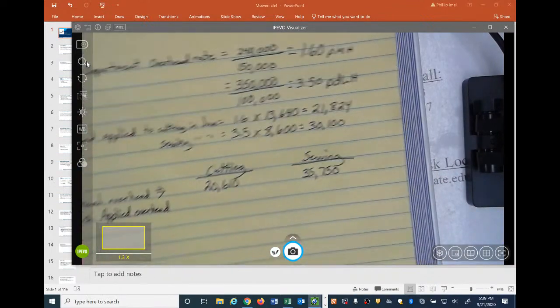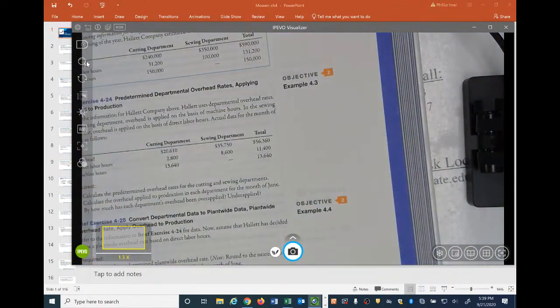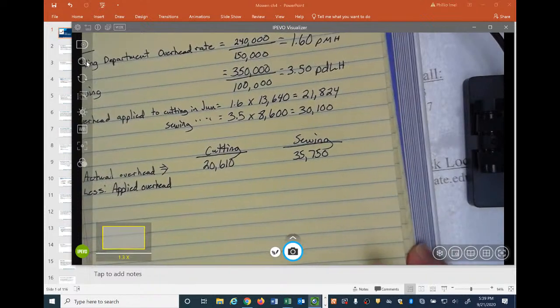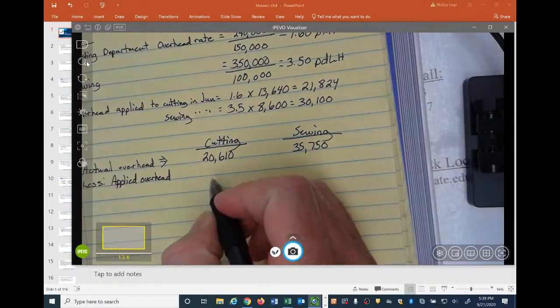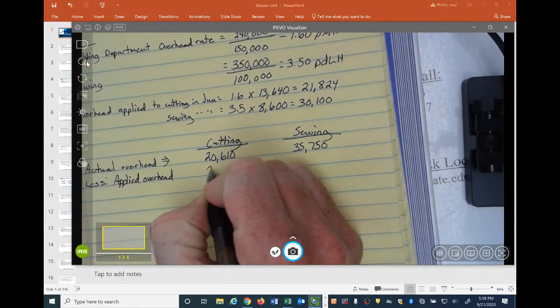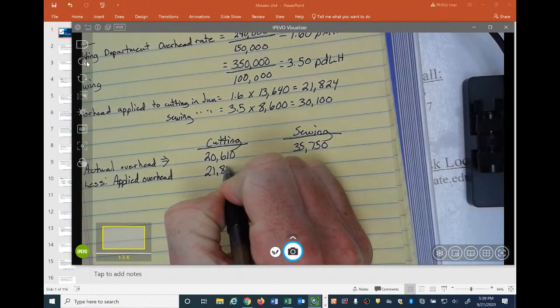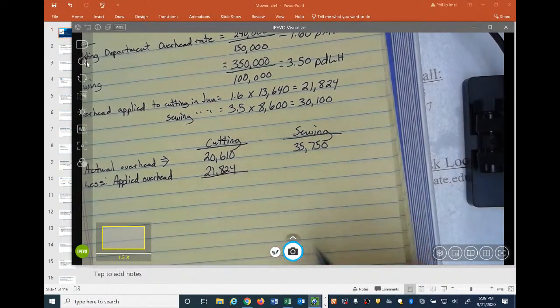Okay. And what was the applied overhead for the cutting department? Right, so it's the answer from step 2: 21,824. And what about for the sewing department?